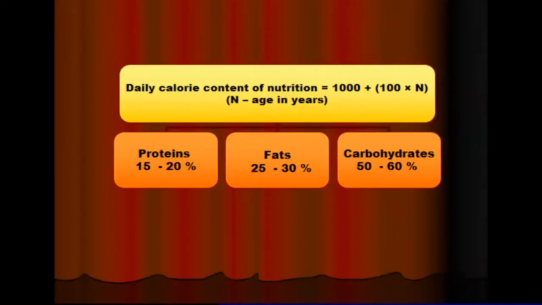Daily calorie content of nutrition equals 1000 plus open bracket 100 times age in years. This calorie is divided between proteins, fats and carbohydrates. Protein will be 15 to 20%, fats 25 to 30%, carbohydrates 50 to 60%.